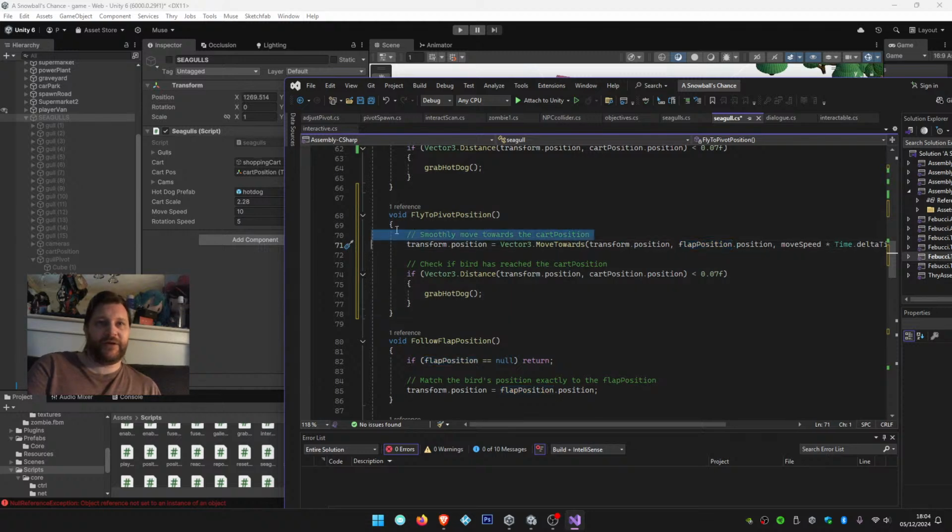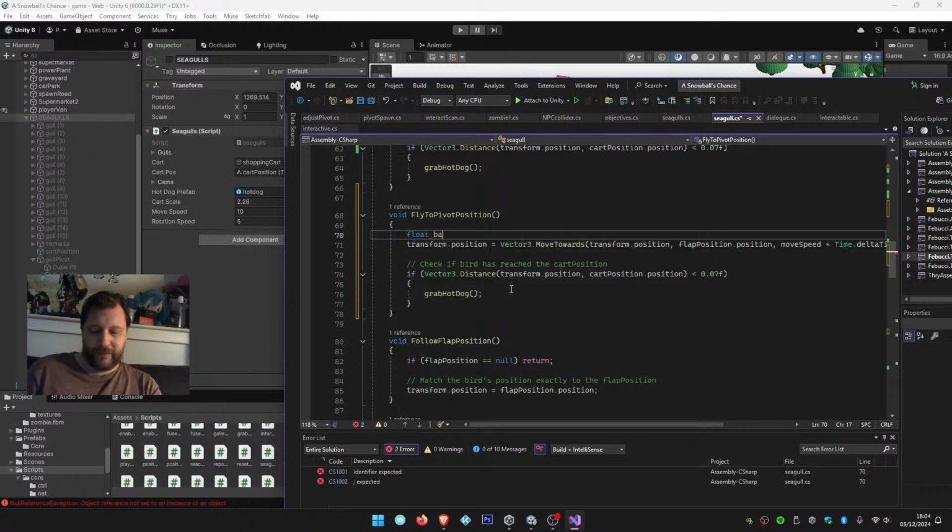But I need them to do this quickly, so what I'm going to do is declare a float of back speed equals move speed times 2 for now.